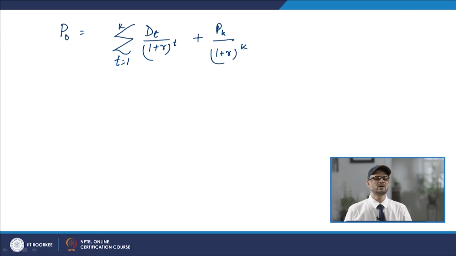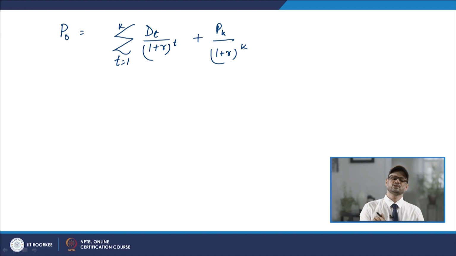That way it continues, where r is the market capitalization rate, or rate of interest. In the end you get this Pk, which is divided by 1 plus r raised to the power k, because you are getting that value after the kth period.